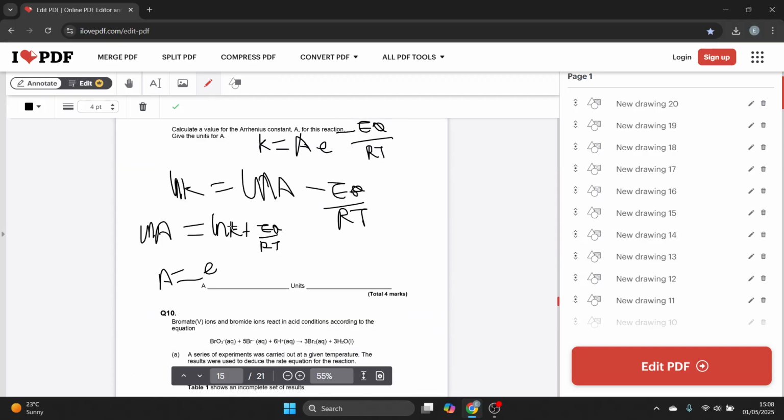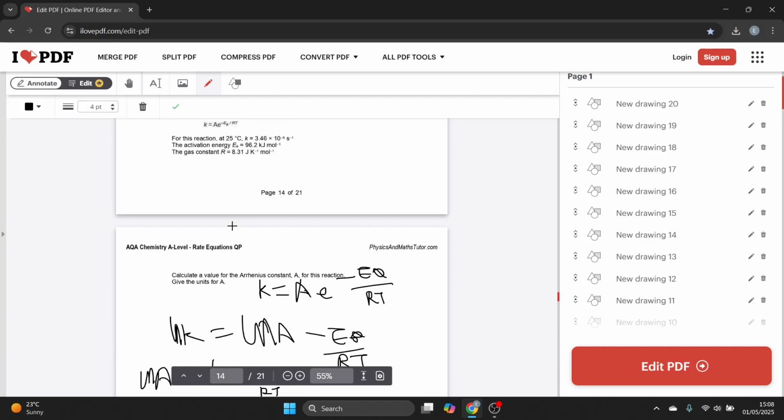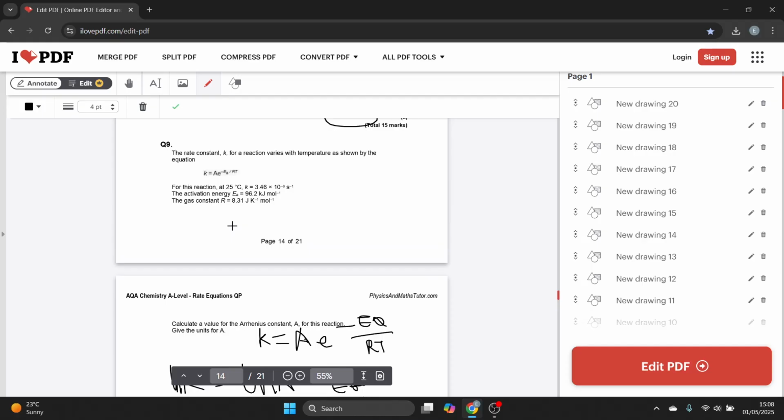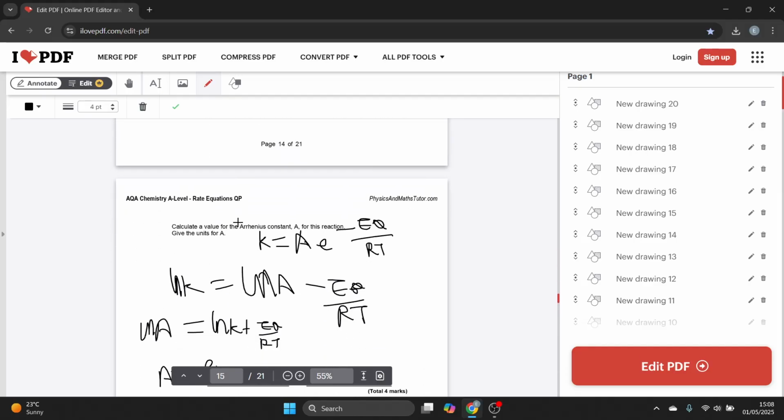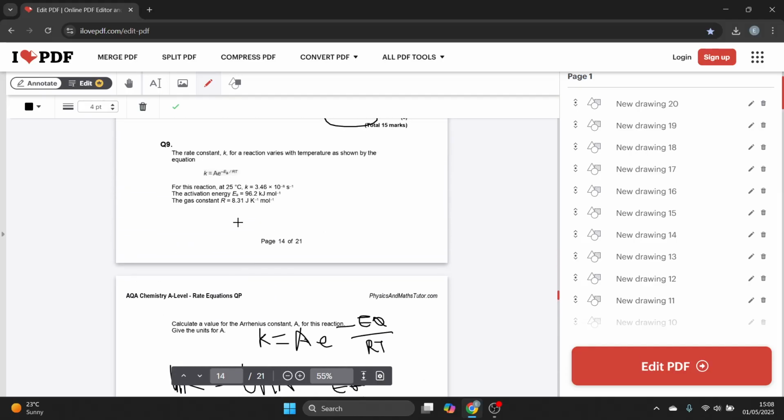So ln A equals shift ln 3.46 times 10 to the power, is that minus 8? Yeah, minus 8. Plus Ea, 96,200 over RT, which is 25, but I need to go into Kelvin, so 25 plus 273.